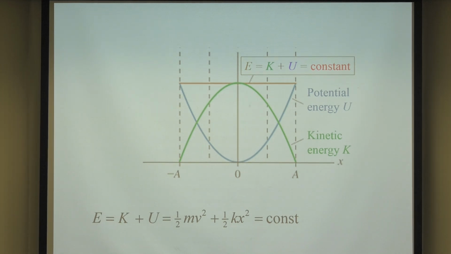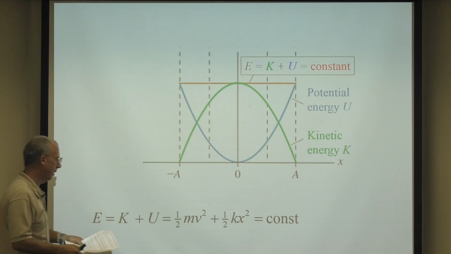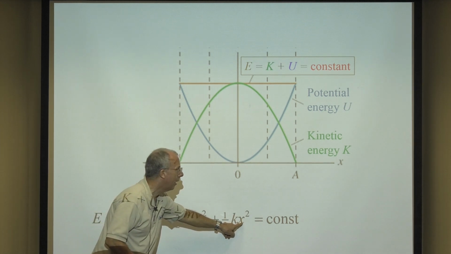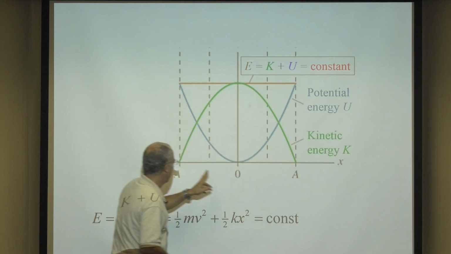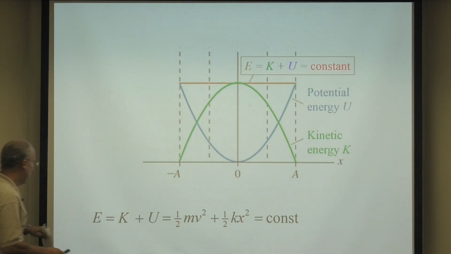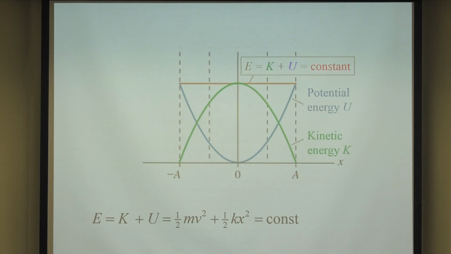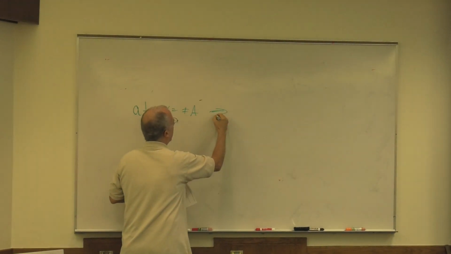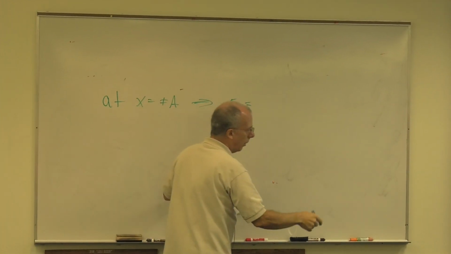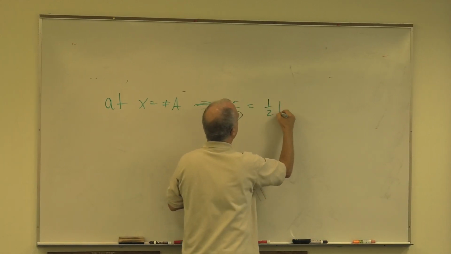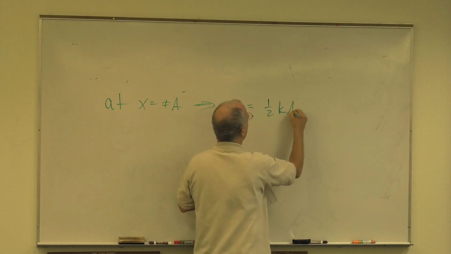All right, so hopefully you've figured it out. What's the easiest one you can possibly imagine? Well, at x equals plus or minus a, what's the velocity? It's 0. So at x equals plus or minus a, we have E equals 1/2 mv squared, which is 0, plus 1/2 k times plus or minus a squared, which is a squared.